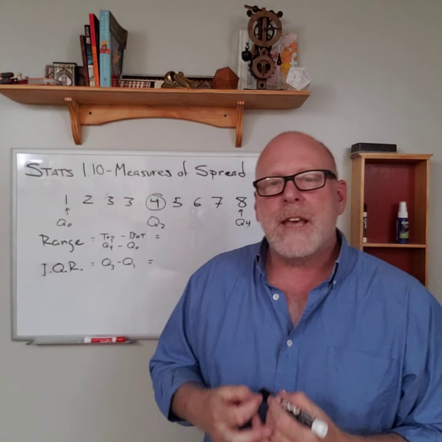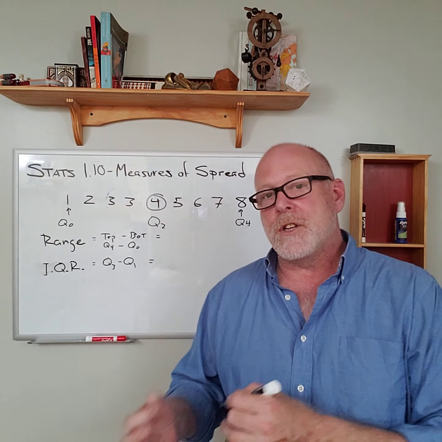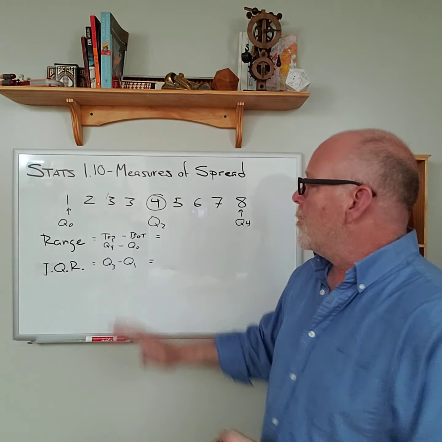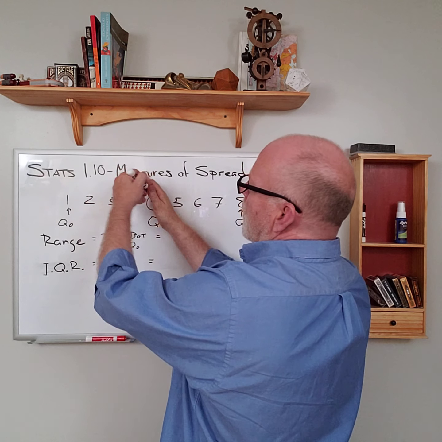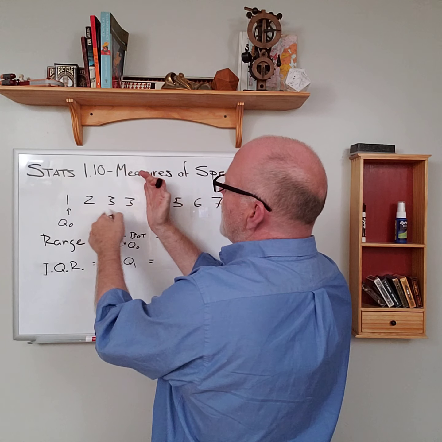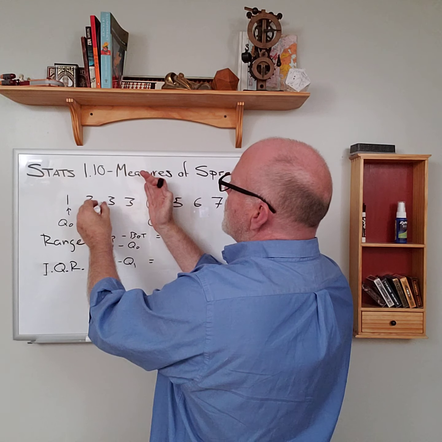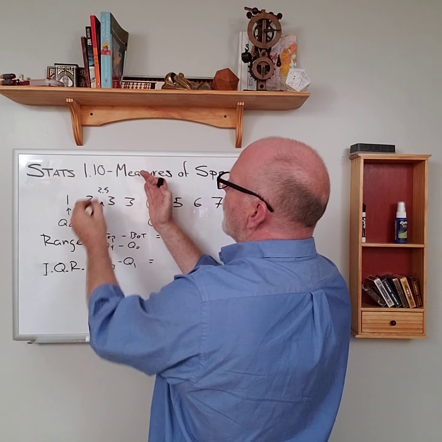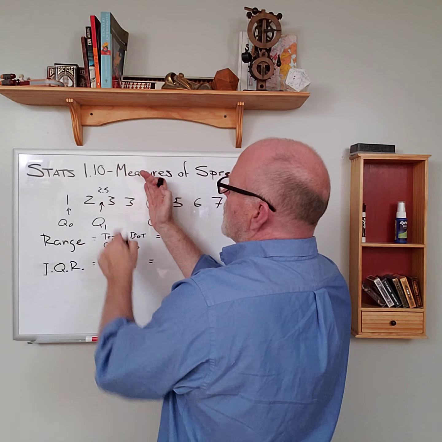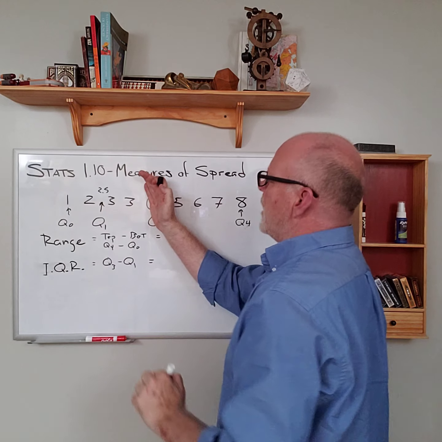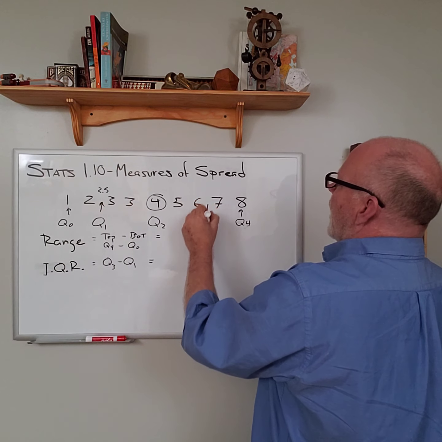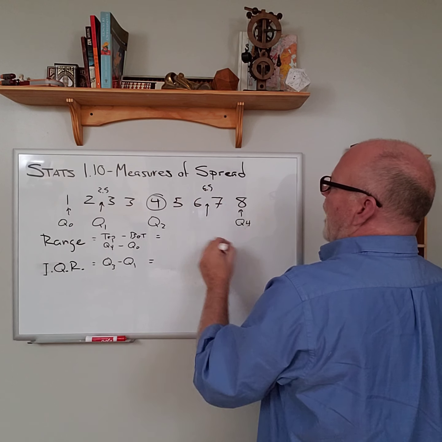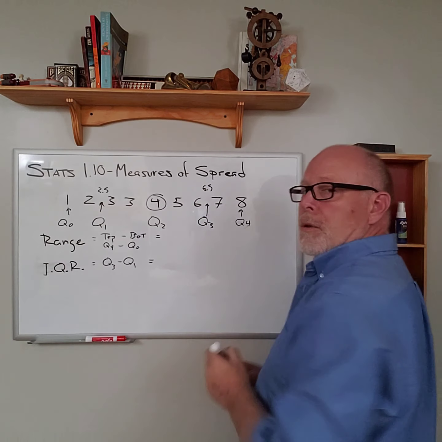And we do not count Q2 as being in the top or bottom half of the data. So now if we look at the bottom half of the data, Q1 is going to be the midpoint here, which is going to be 2.5, because we have an even number in that half of the data now. And if we look at just the top half of the data, we've got 6.5 here as our Q3.